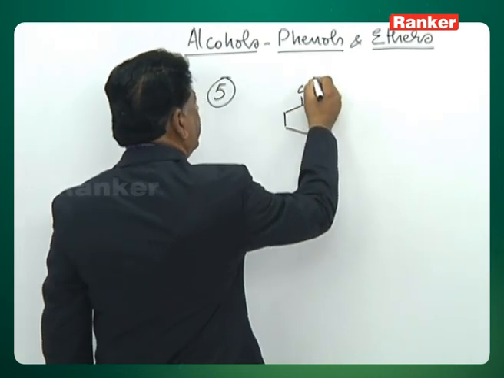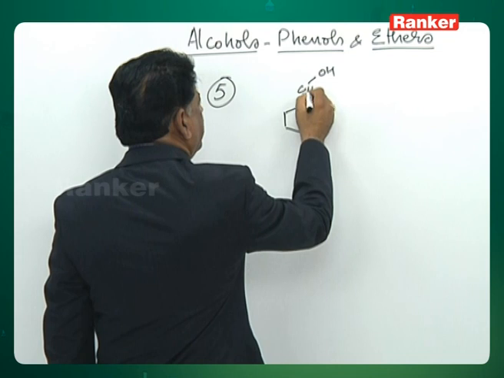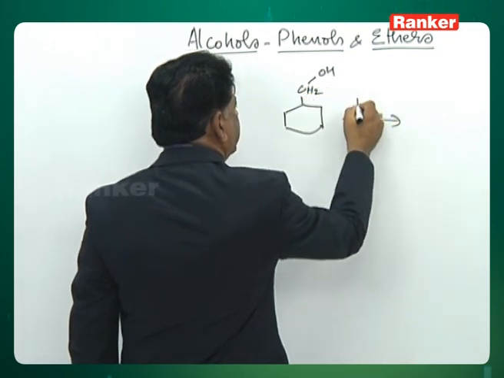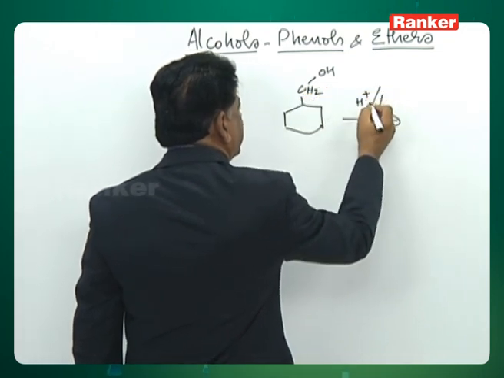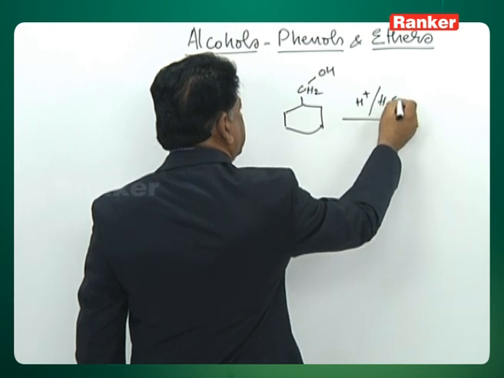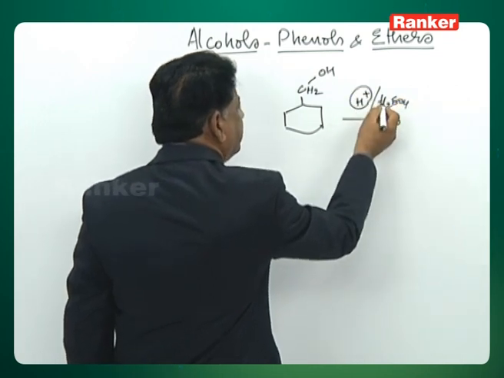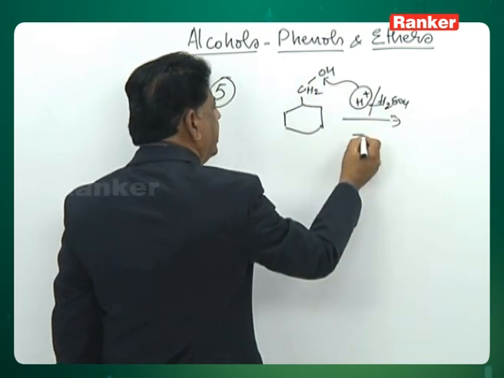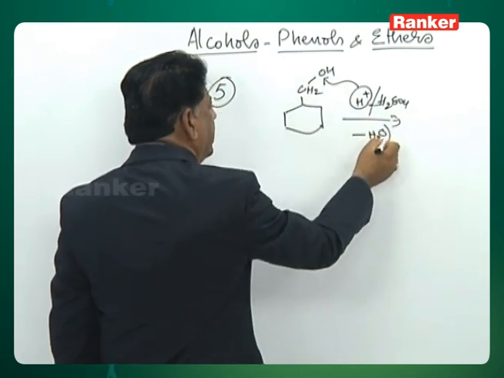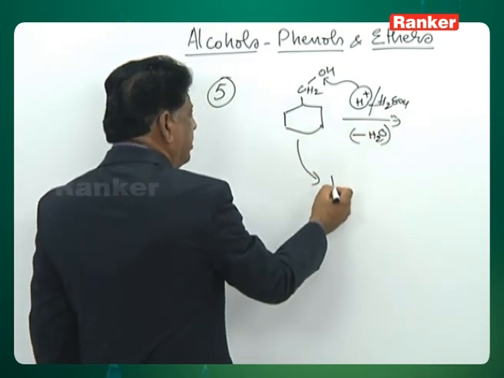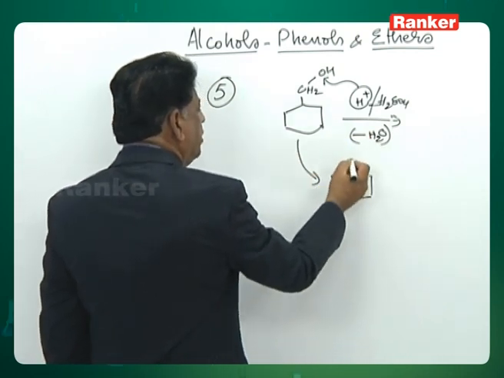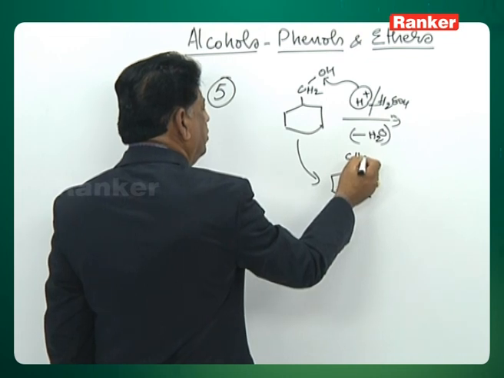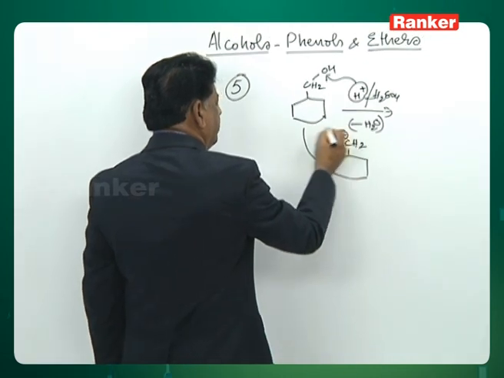This CH2OH reacts with the H plus in the presence of sulfuric acid, which is the catalyst here. This H plus from the sulfuric acid is going to attack this one, followed by a loss of water, and subsequently what comes as an intermediate is CH2 plus formed on the carbon.